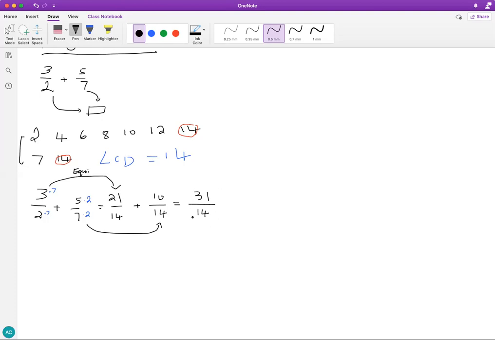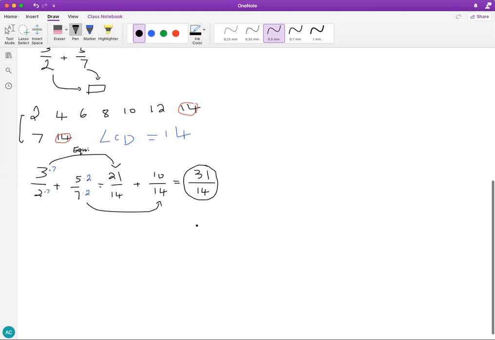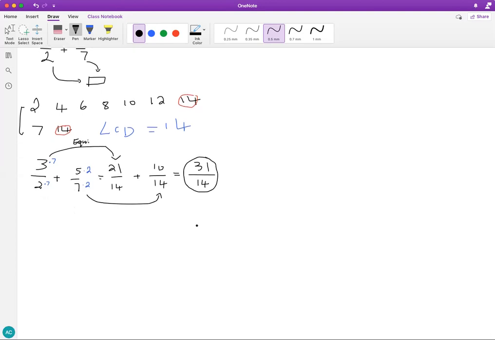What kind of fraction is this, by the way? When we talk about proper and improper, what kind of fraction is it? This would be an improper fraction. That's right. Why? Because the numerator is higher than the denominator. Exactly. We can write this as a mixed number. How do you do that?